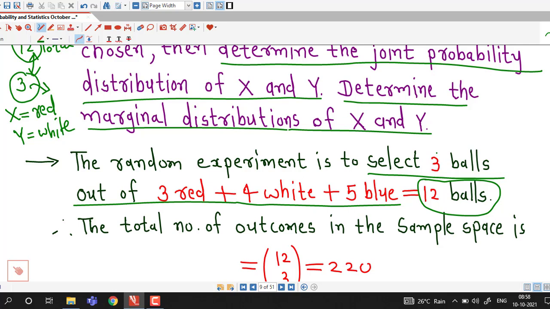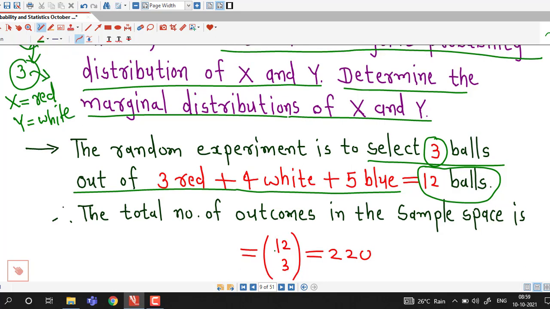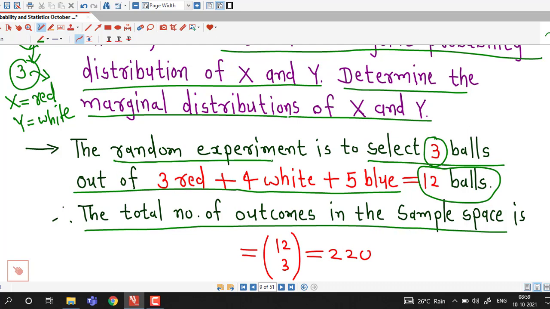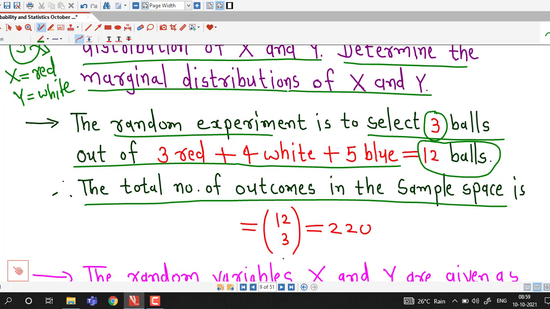So we have to select 3 balls randomly out of 12 balls. This task can be done in 12C3 ways. So the total number of outcomes in the sample space of this random experiment is 12C3. We can select 3 balls out of 12 balls in 12C3 ways, and if you find out this 12C3, it will be 220.